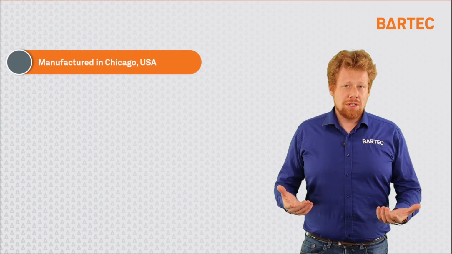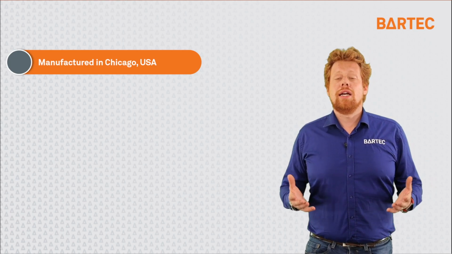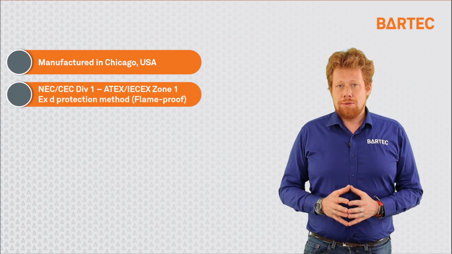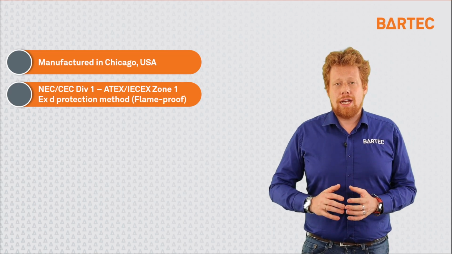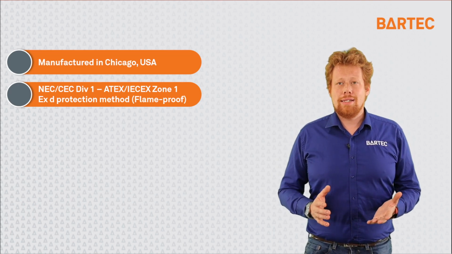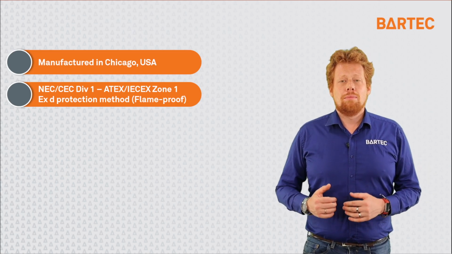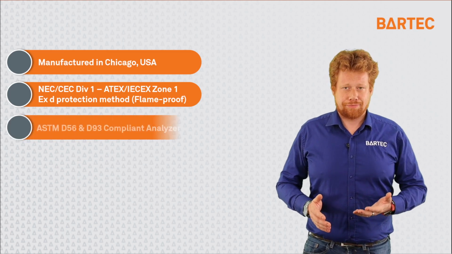Now that you know how the P500 measures flashpoint, let's go over some of the features of the P500 flashpoint analyzer. First of all, it's manufactured out of our BARTEC Orb facility in Chicago in the US. It is designed to meet NEC and CEC Division 1 hazardous area and ATEX IECEx Zone 1 areas. It uses an Ex d protection method, commonly known as X-proof or flame-proof.